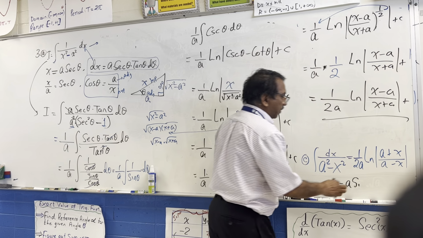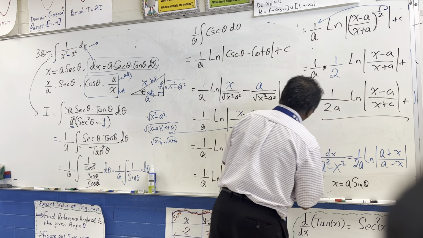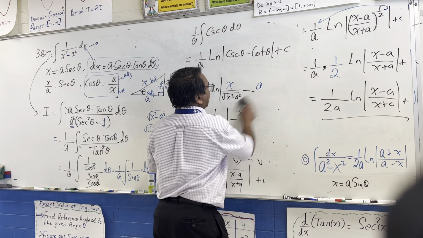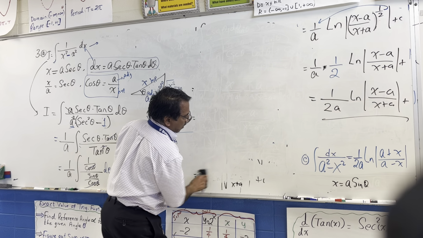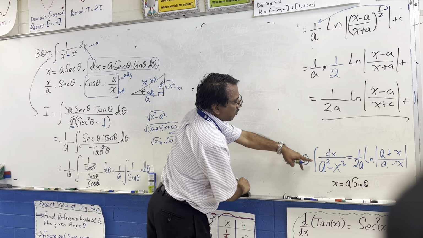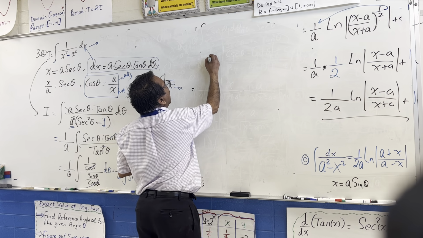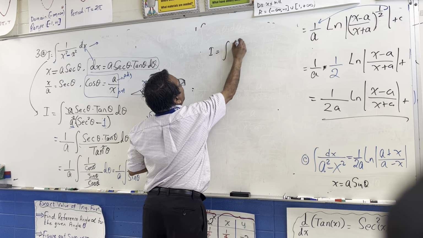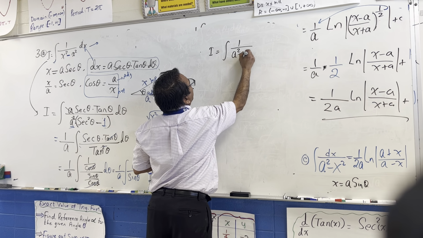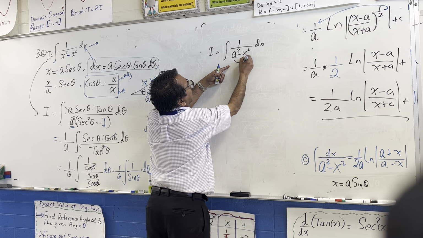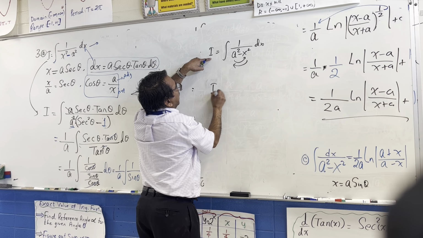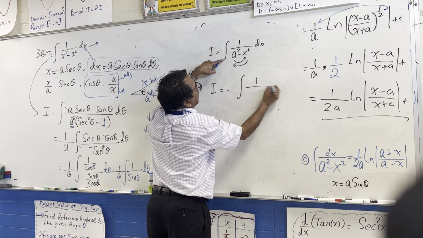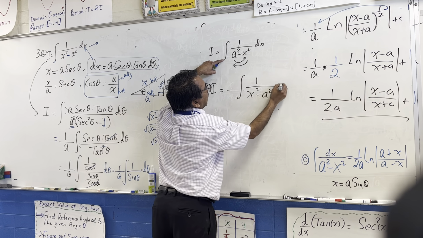Only thing is, I'm going to substitute this way, or if this question is asked, we write I is the integral of 1 over a squared minus x squared. The first thing is you change the order. So I will be minus, and this will be x squared minus a squared.